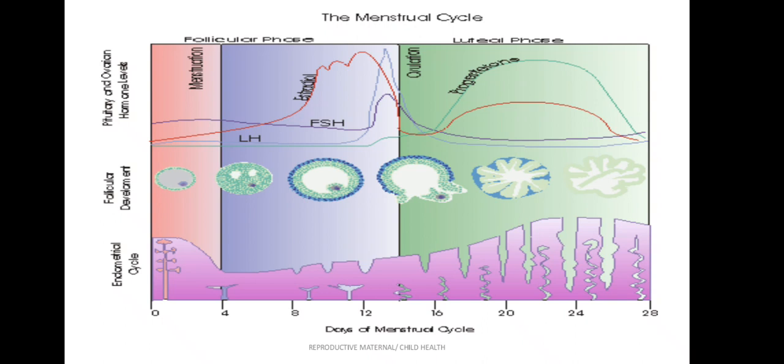General investigations include an abdominal pelvic ultrasound scan, hormonal assays like prolactin, FSH, LH, TFT, androgens, also the progesterone challenge test. And you could also do a diagnostic D and C.